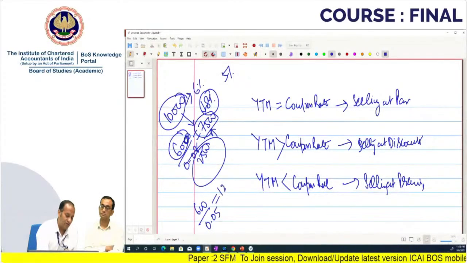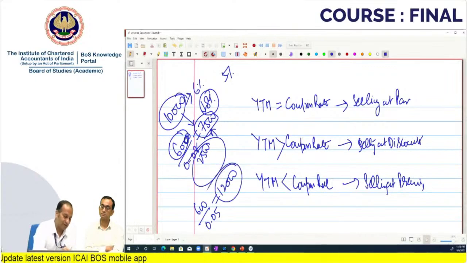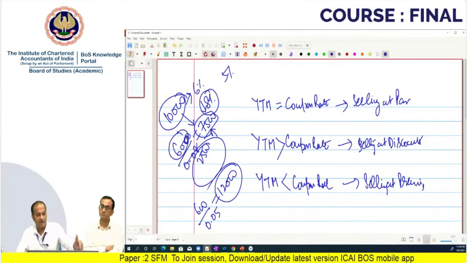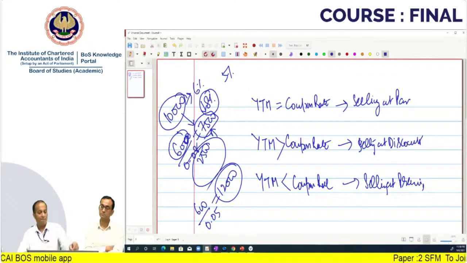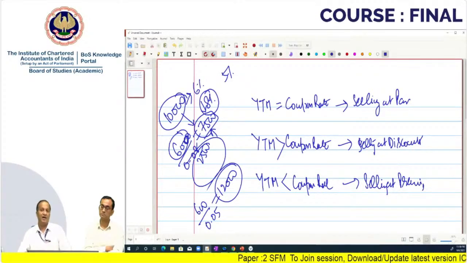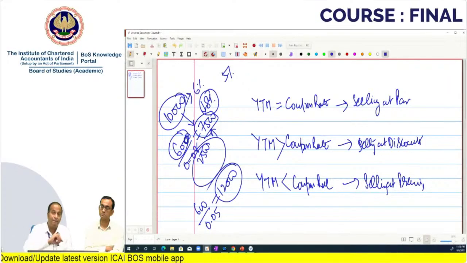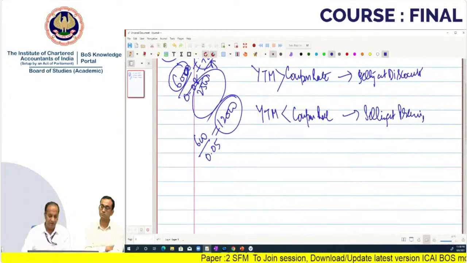I need to invest 12,000. So now 2,000 is a premium, because although the investment is 10,000, it is yielding a higher rate of interest. That's why it is selling at a premium. I hope this is a very common concept and it must be clear to you.